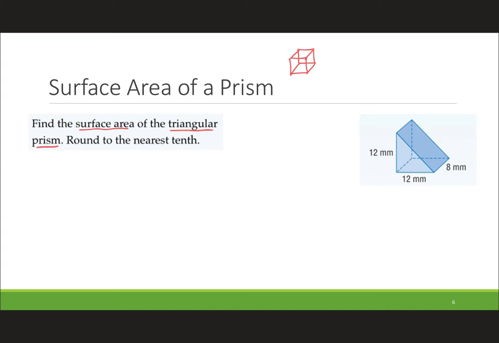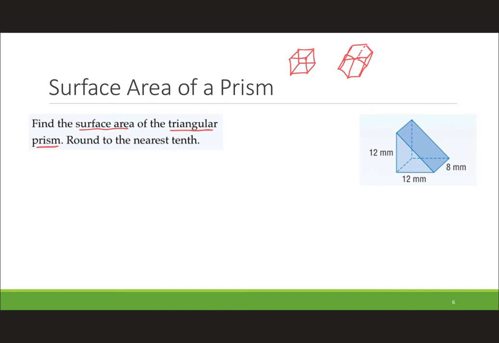If I have a hexagon, if I have two hexagons, this is going to be a hexagonal prism. Okay, if you have an octagon, if you have two octagons, octagonal prism. If you have a heptagon, a seven-sided figure, that'll be a heptagonal prism.